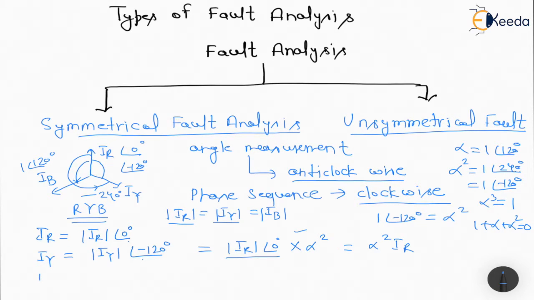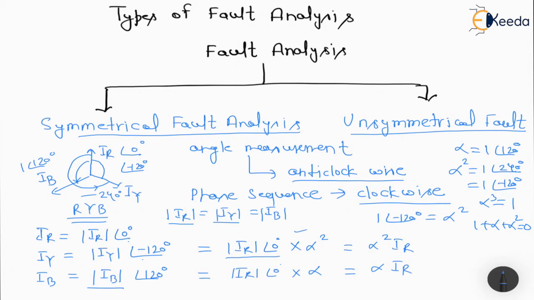And the third one is IB. So IB, we can write mod of IB at the angle of 120 degrees. So mod of IR at the angle of 0 into 1 at the angle of 120, we can write alpha. So it can be represented as alpha into IR.